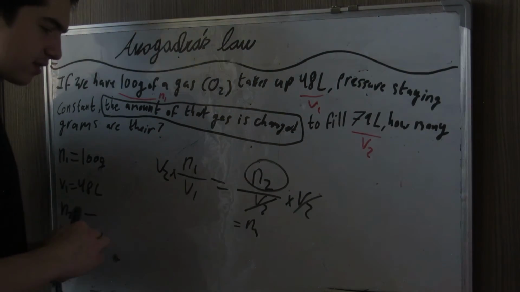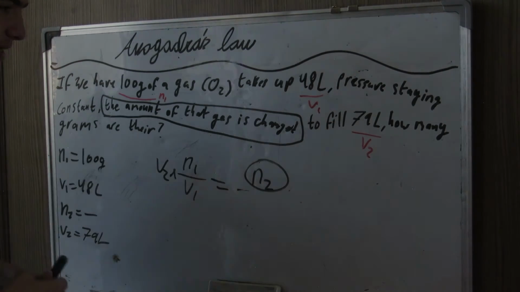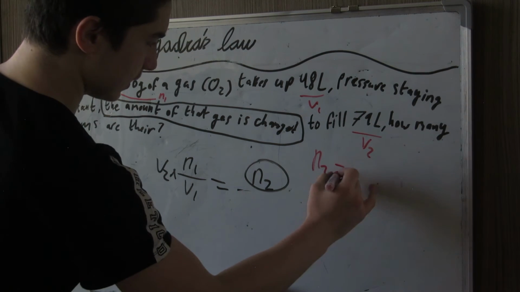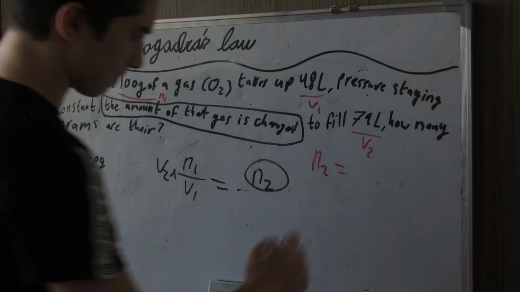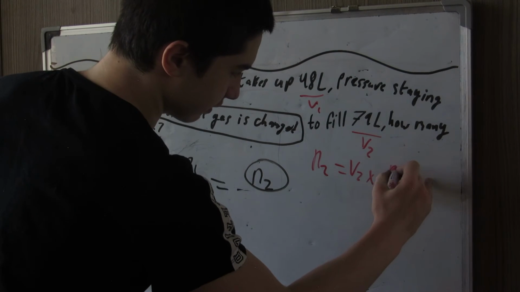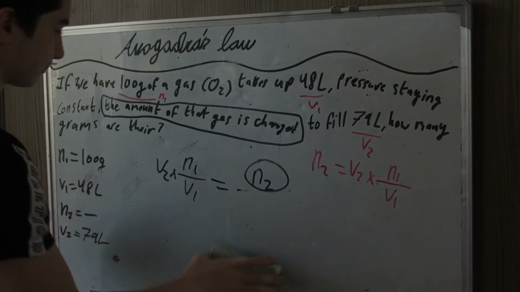Now let's rewrite the formula according to what we got. We have N2 by itself on one side of the equation, and that will equal V2 multiplied by N1 over V1. That's great.